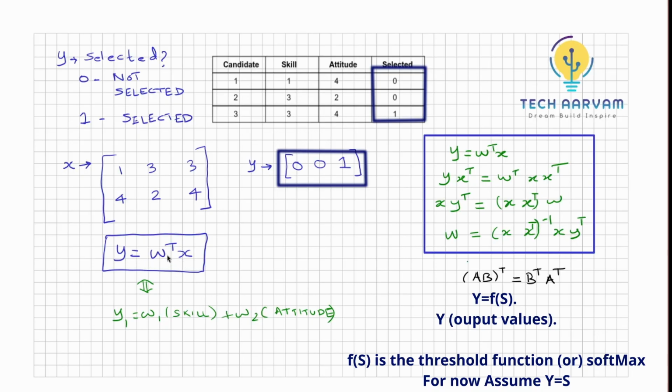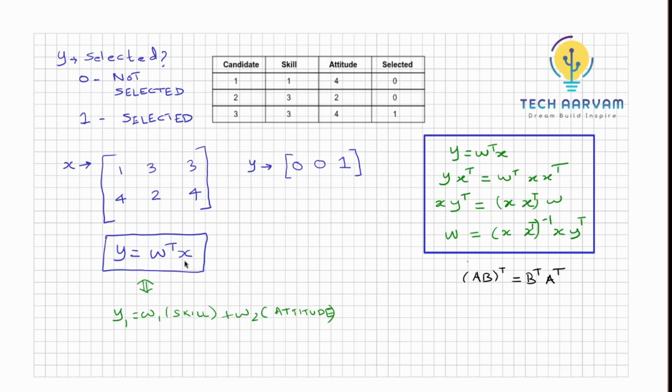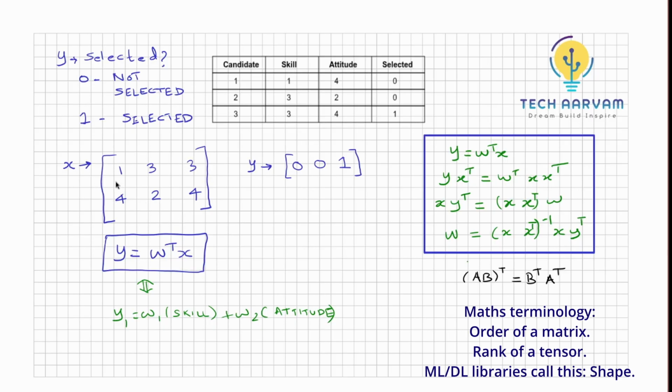W is W1, W2, which is a vector, the parameter vector. And X is what we have on the screen here. We can see the order of the matrices to confirm that this operation is correct. When we deal with matrices, that is something that helps us.